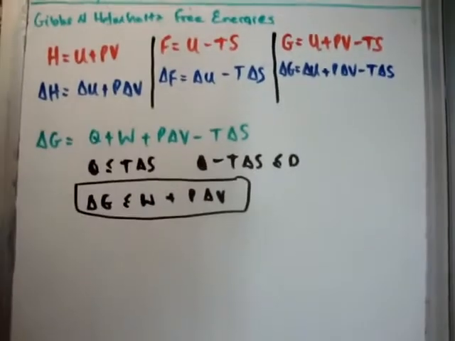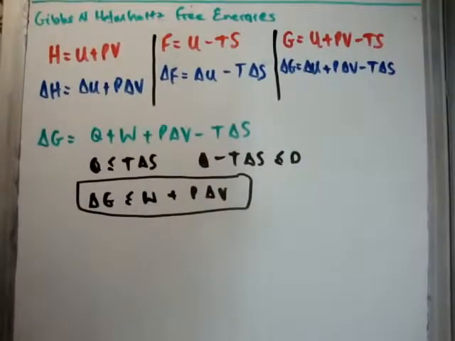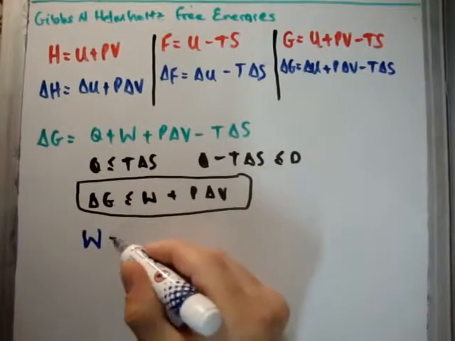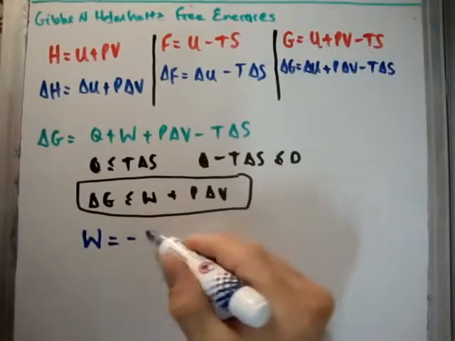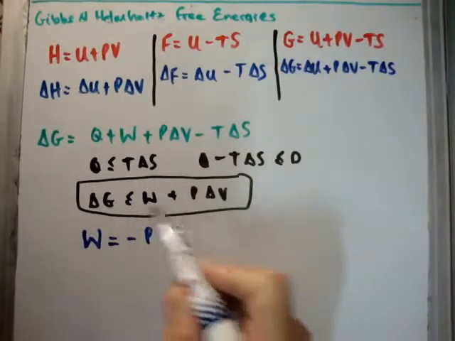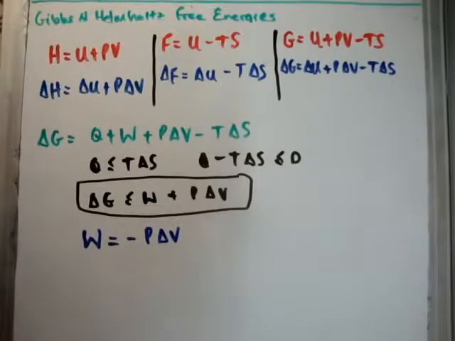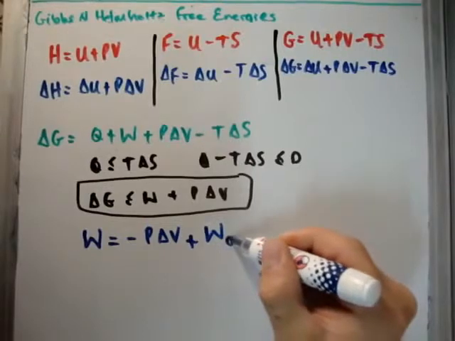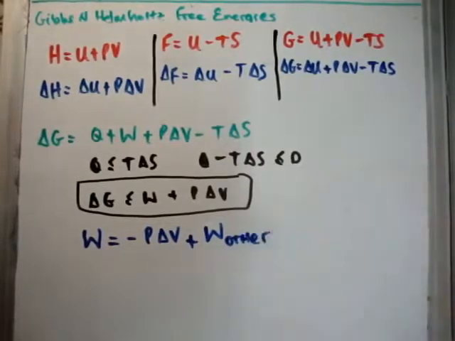Okay, you might be saying, well, where am I going? Who cares? What's the significance of this? However, because the system caused the environment to expand, we know that the system is doing work. So the work is minus P delta V on the environment. Okay? So we'll say that's the mechanical work done on the environment. But we may also have other work. I don't know, we may have electrical work or whatever it is. Okay, so W other.